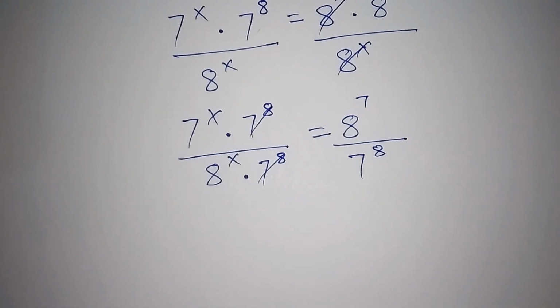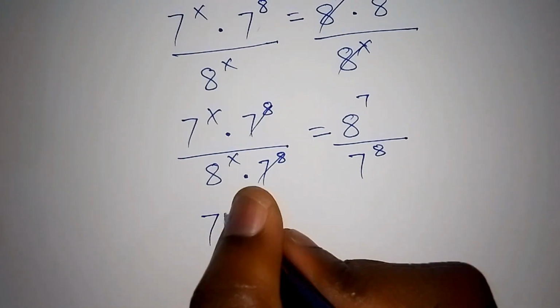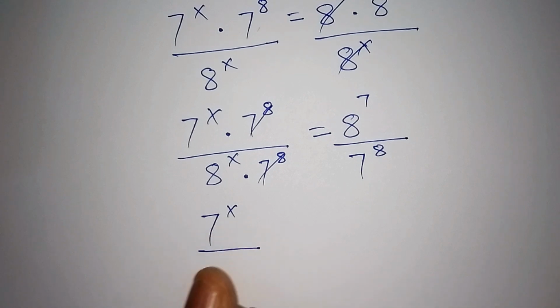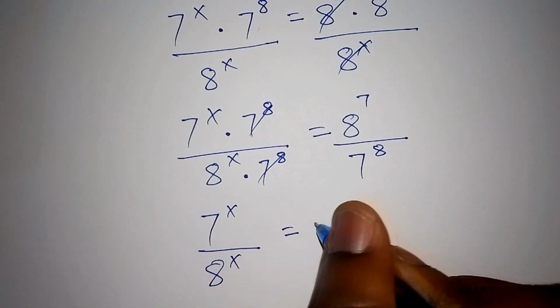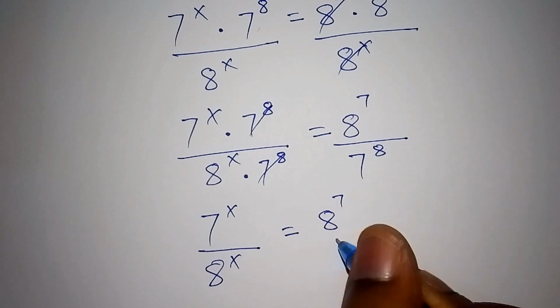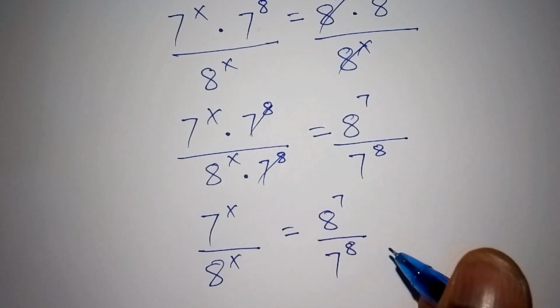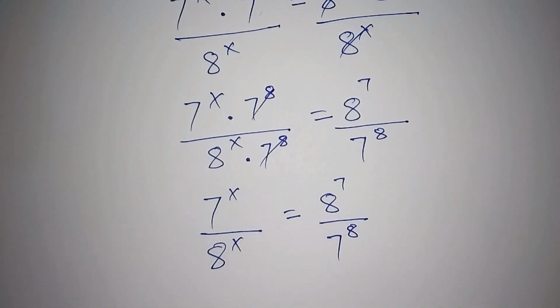Now I will have 7 to the power of x all over 8 to the power of x equals 8 to the power of 7 all over 7 to the power of 8.